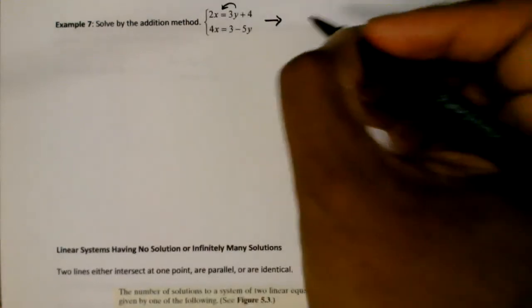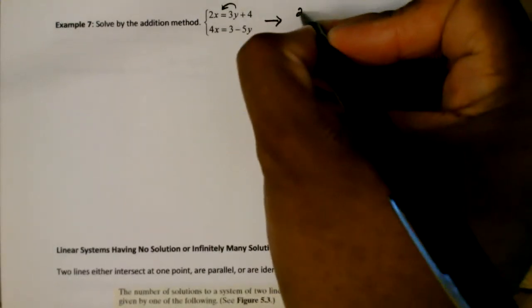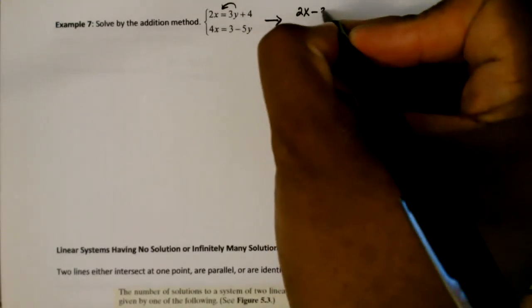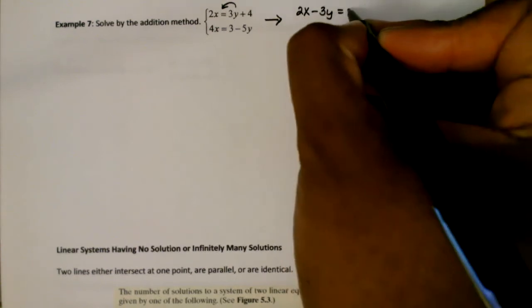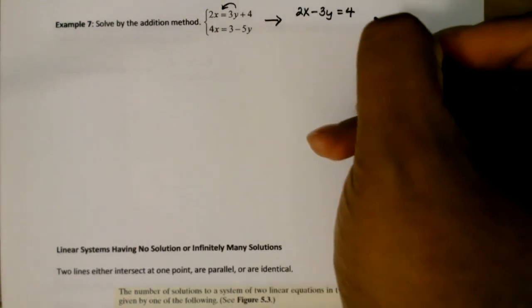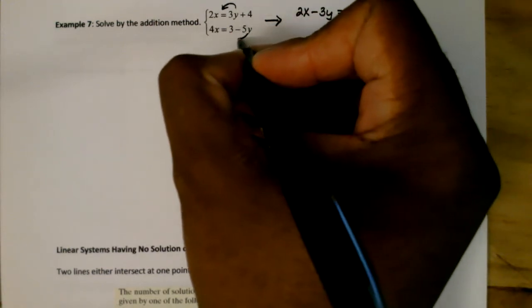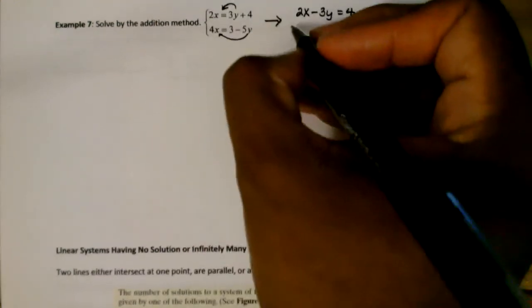So for that first equation, I need to move this 3y over to where that 2x is, and it'll become minus. So I got 2x minus 3y equals 4. And then the second equation, 4x is equal to 3 minus 5y. Move the minus 5y over to where the 4x is.